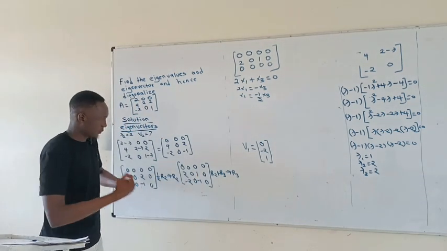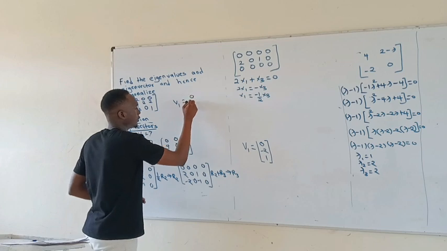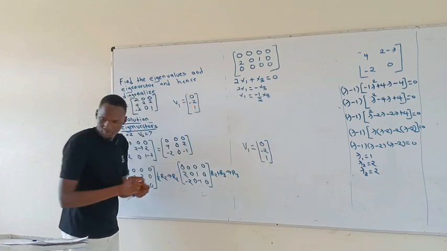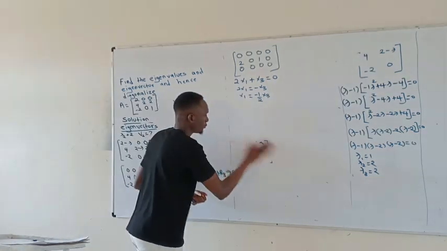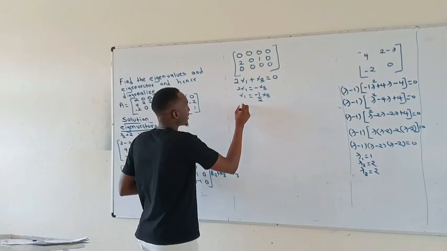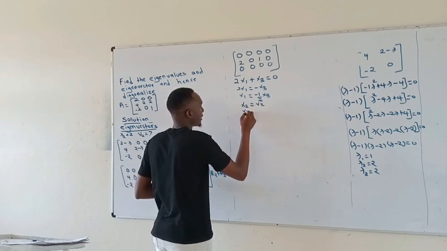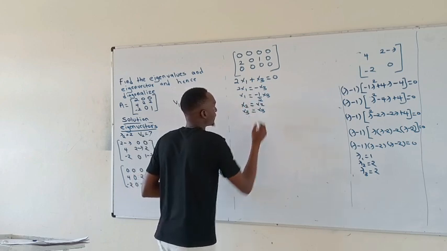Let's have this as our eigenvector 1, which is equal to 0, negative 2, 1. And our x2 is x2, our x3 is x3.